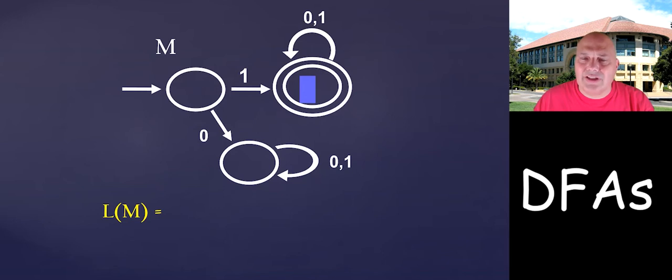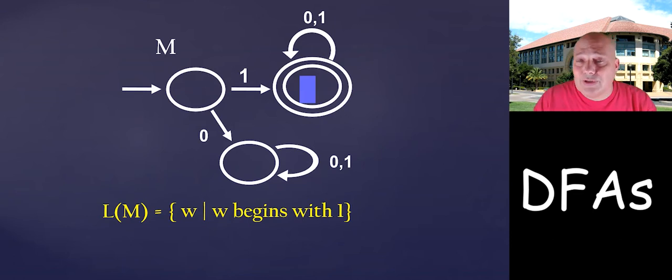And the language is all the strings that begin with 1. Because you can see that you start in the start state. If you go with 1, you reach this state, which is kind of a sink. You can enter it, but you can never leave it. Everything you read from now on will keep you here.